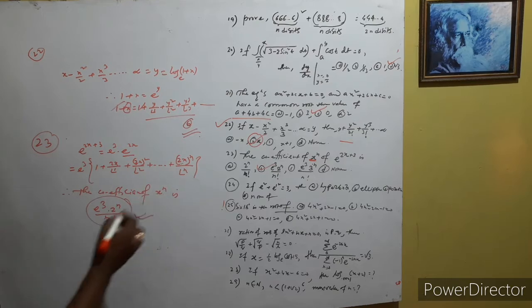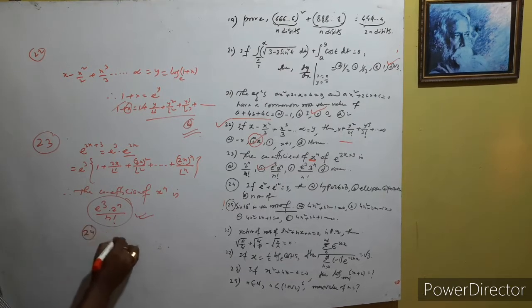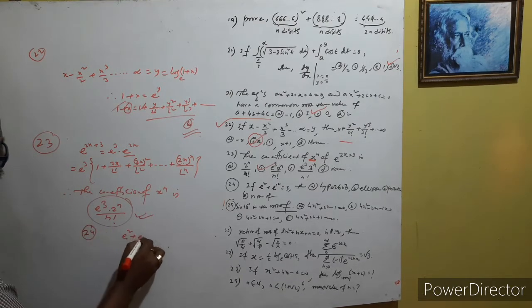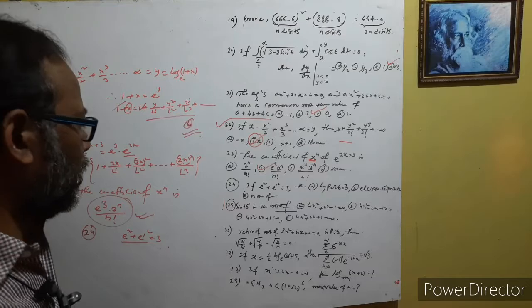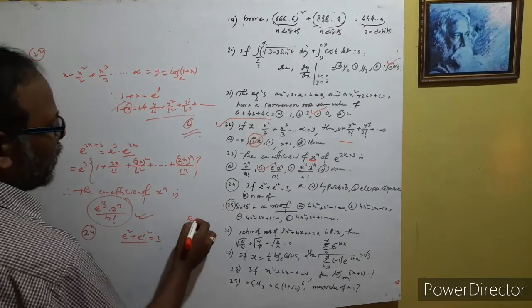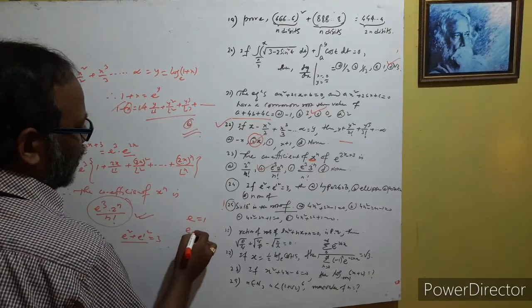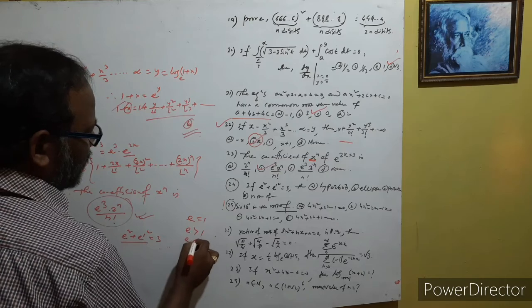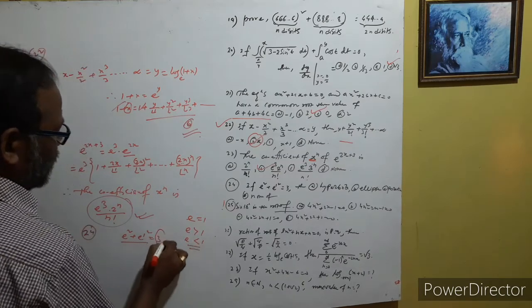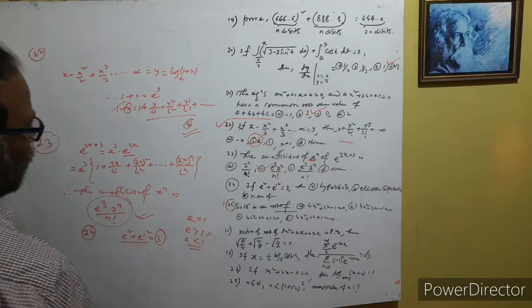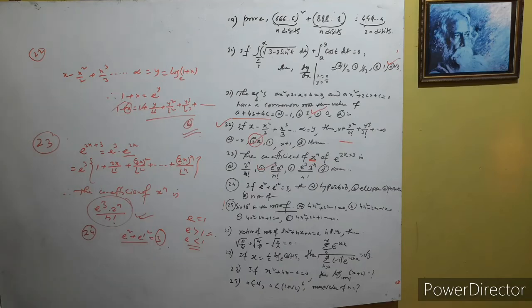Okay, for 24, you have given e square plus e dash square is equal to 3, and e is the eccentricity of either parabola, ellipse or hyperbola. For parabola e is 1, for hyperbola e is greater than 1, for ellipse e is less than 1. Now this is 3, so we follow the more than 1.